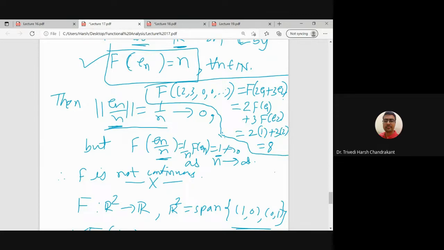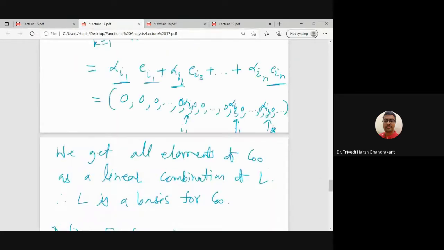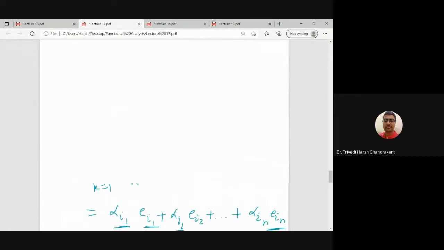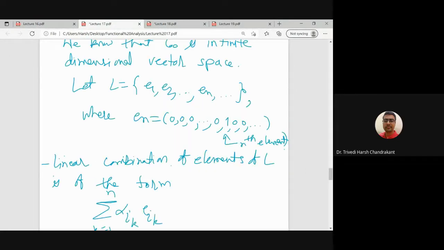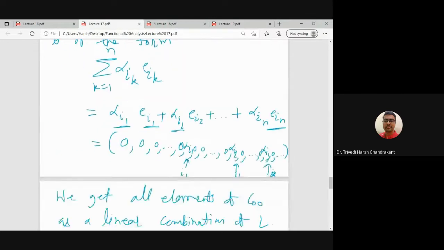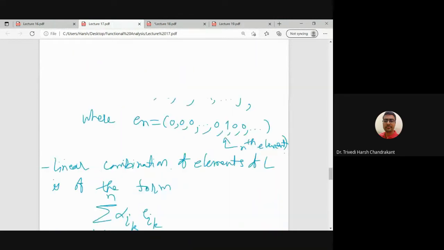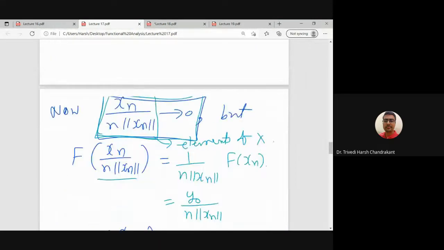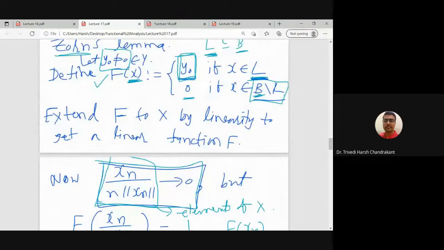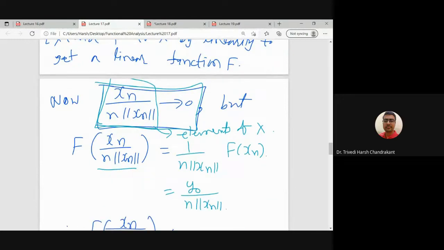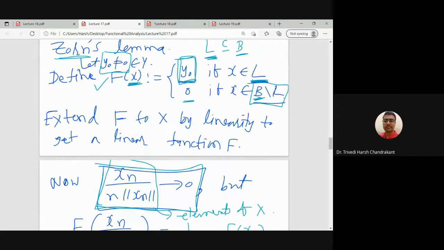So f is a linear function, but f is not continuous. Why? Because the domain is infinite dimensional. So here we are defining again xn divided by n norm xn to be 1, right?